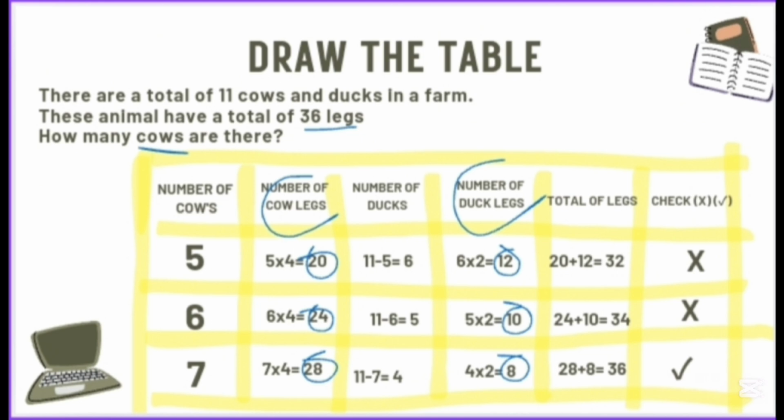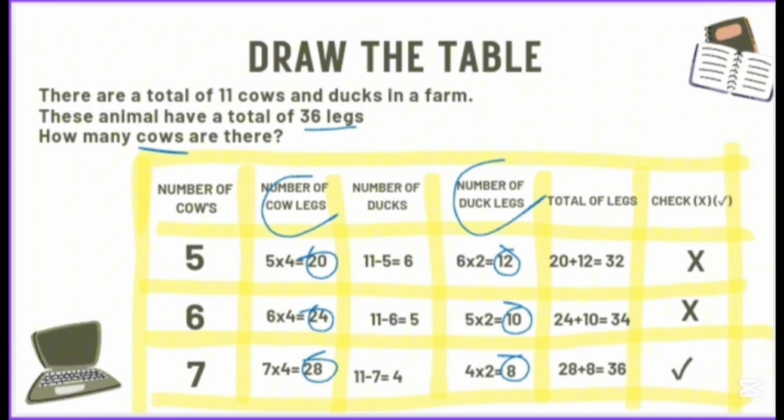That leaves 11 minus 6 equals 5 ducks. If there are 5 ducks, their total leg count would be 5 times 2 equals 10 legs. Now, adding the legs together, 24 cow legs plus 10 duck legs equals 34 legs. The problem still asks for 36 legs, so this isn't correct either.